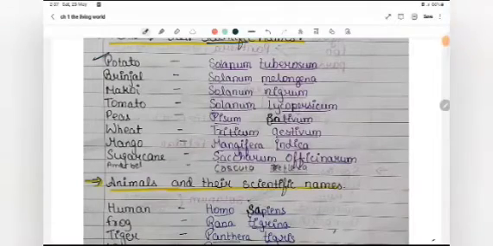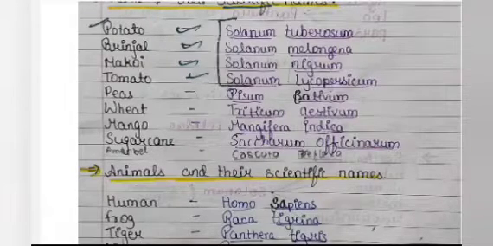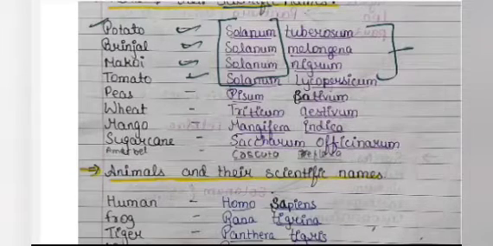One more thing I would like to say is that one genus for more than one species is termed polytypic nomenclature. For example, the names of the potato, brinjal, makoy, and tomato possess the same genus name but different species names.